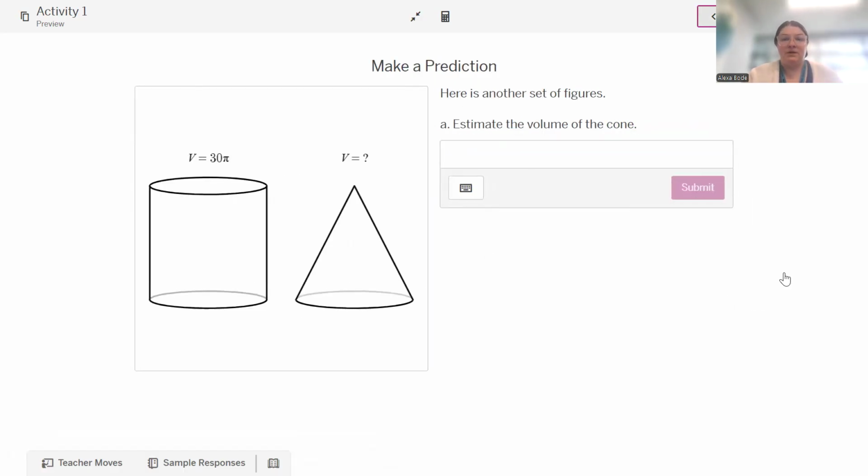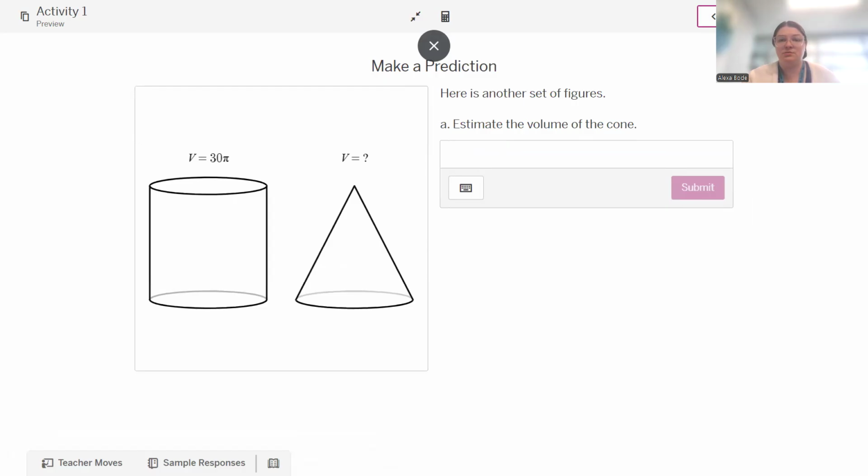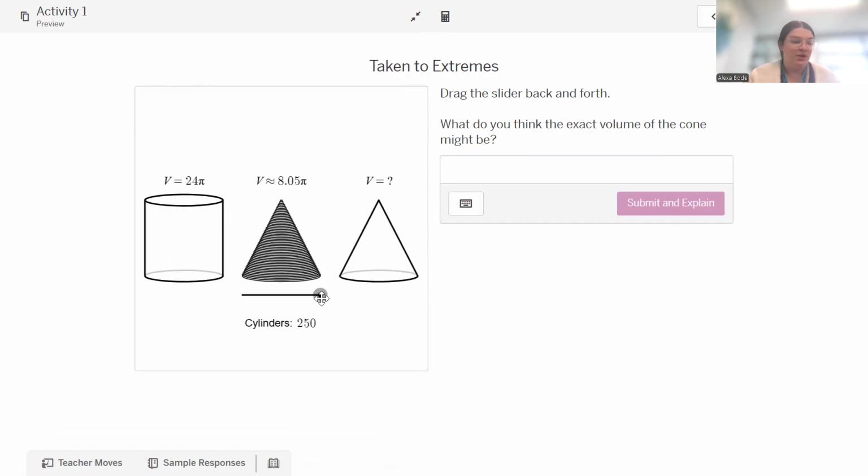Let's go back a second, because it does say to take a guess and then explain, and then it jumps me right into this next one. I do want to go over this. I lied, I am going to discuss this with you right away. If you notice, as we add more cylinders, at around 13 cylinders, we start getting, no, 12 is 9.03.